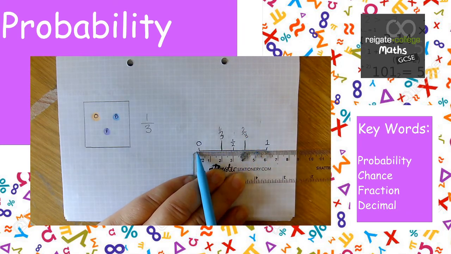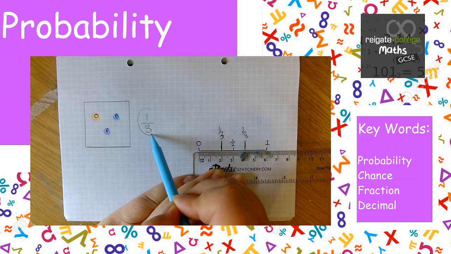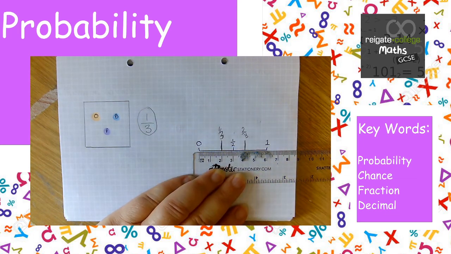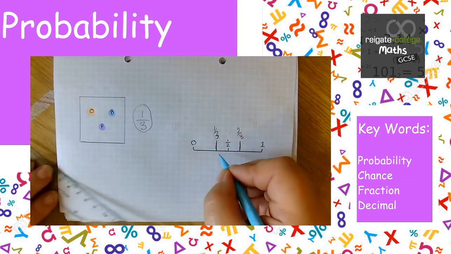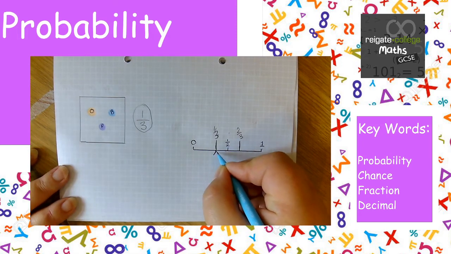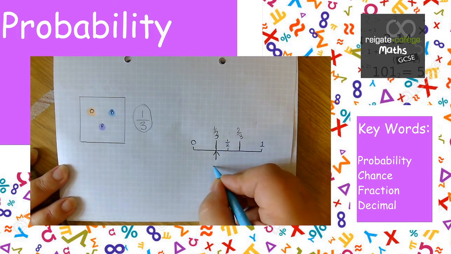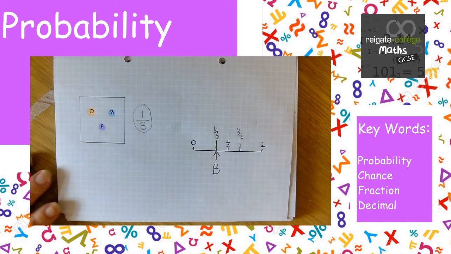So I have 0, 1/3, 2/3, and my whole 1. I've already worked out that the probability of my blue counter is 1/3, so I will mark my probability line just here. Blue.